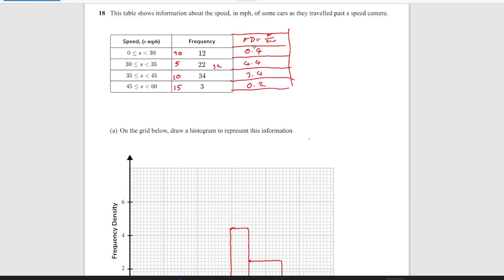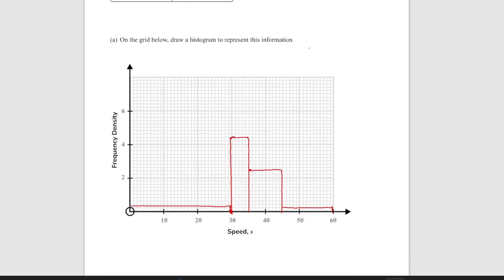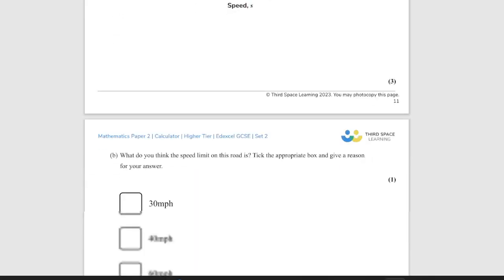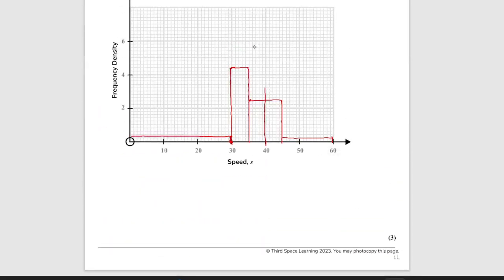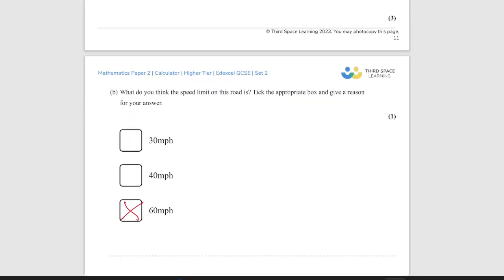I think I'm going to go 40, because most cars are under 40. Is that an option? Well, it's definitely not 60. 30 or 40 is where I'm debating. I'm going to go 40. And I'm going to go most cars are under 40.